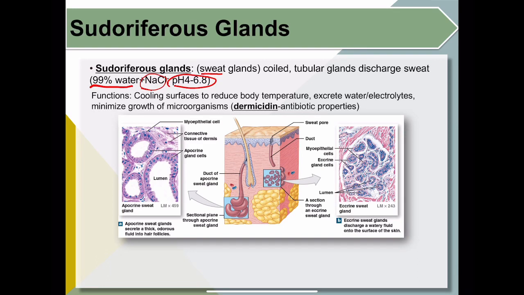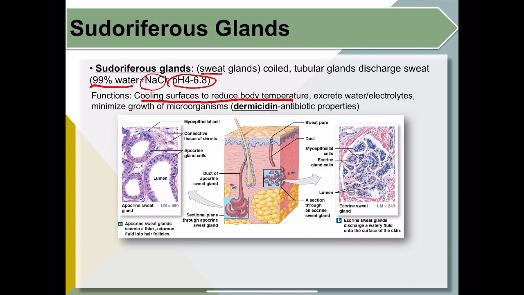Okay, and other than that, sweat has a few other functions, such as cooling surfaces to reduce the body temperature, as we have talked about in chapter 1 with homeostasis of your body temperature. Our sweat glands, which specifically now we know the fancy name for is sudoriferous glands, release sweat to cool down our bodies.